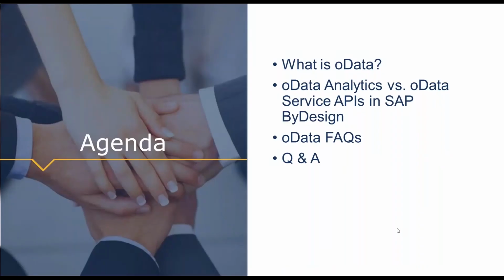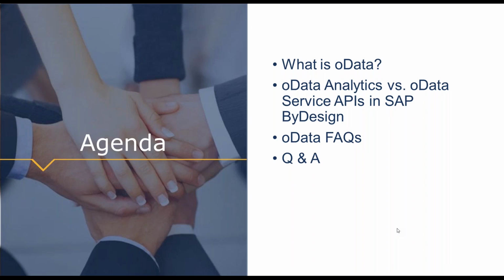So our agenda for today is just to talk about what is OData and look at OData analytics and OData service APIs in SAP ByDesign, what's the difference between the two, and then what you can use them for.